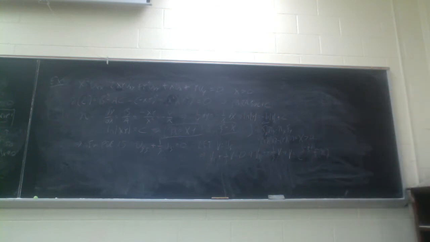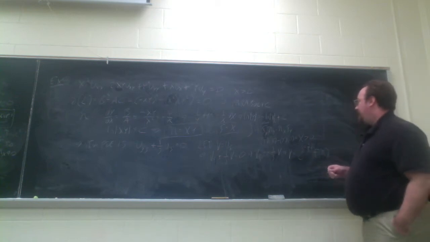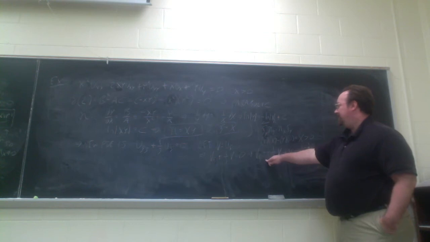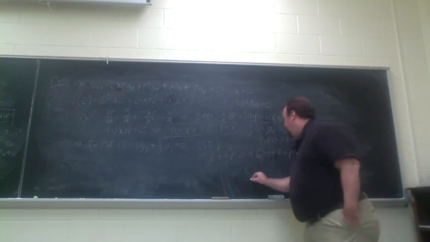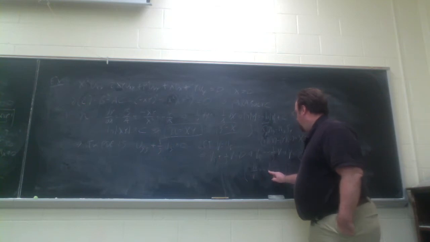Are you technically integrating both sides or not? Kind of. You can't really think of it as integrating both sides when it's written like this. What you can do is think of this as dv over v equals minus 1 over ξ dξ.